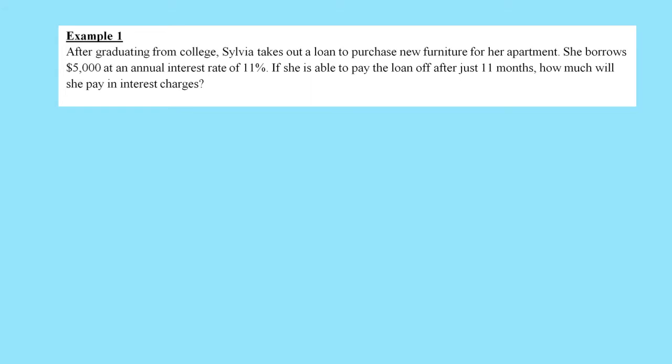Okay, so let's recall that our interest formula equals our principal, what you borrow, times your rate as a decimal, times the time you borrowed it in years. Let's identify each one of these variables. P, they told us she borrows $5,000.